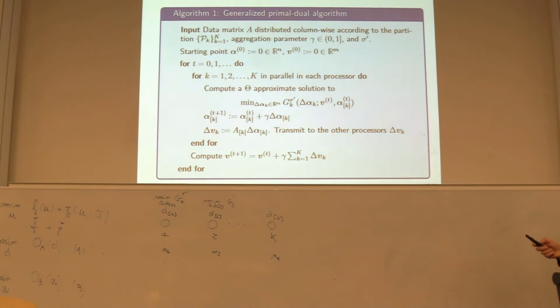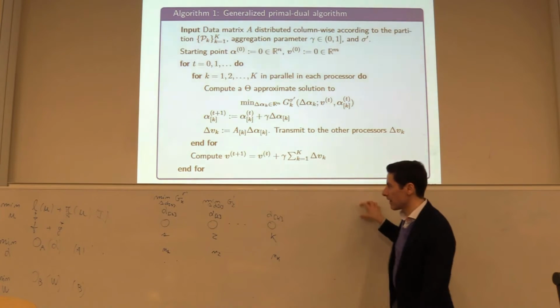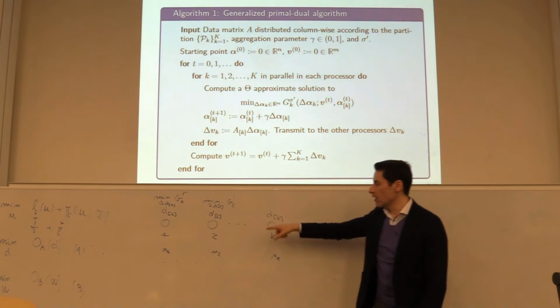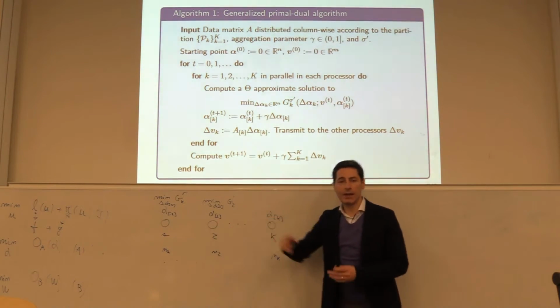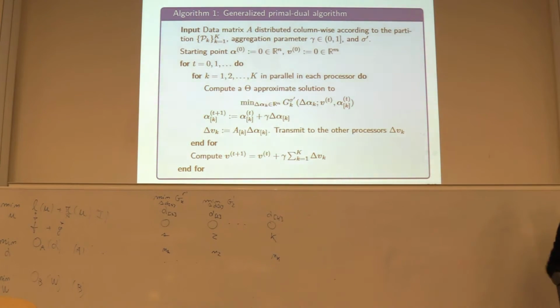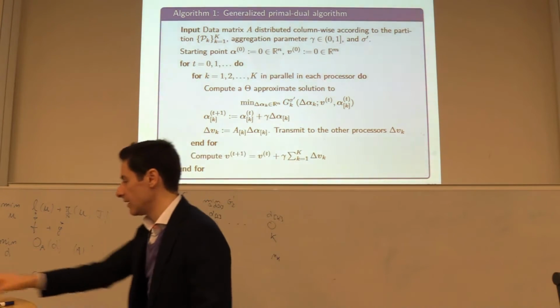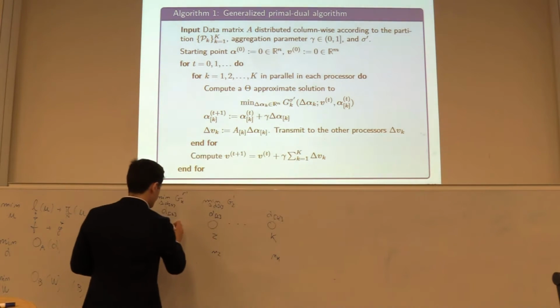Then every party or node can locally compute the update of the variable v as the previous v plus the sum of the delta v_k. This is either done centrally at a third party, which sends it to the various nodes, or simply all the nodes have an identical replica of this update. So again, the only thing that is exchanged here is the delta v_k.